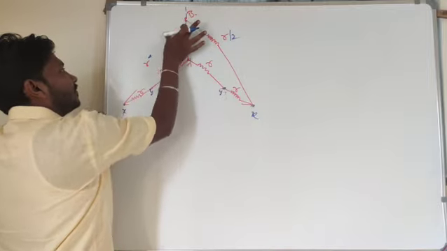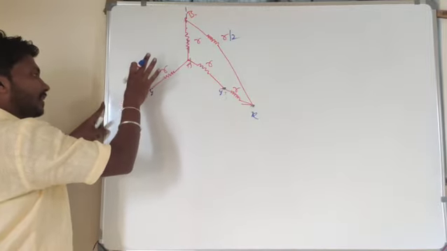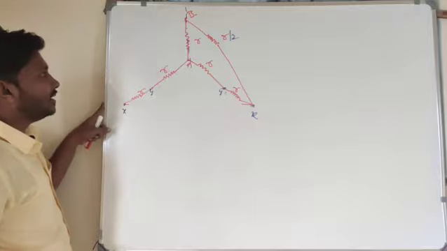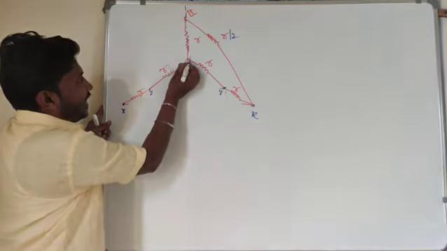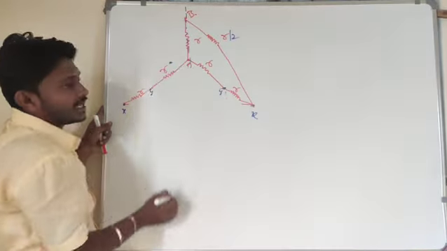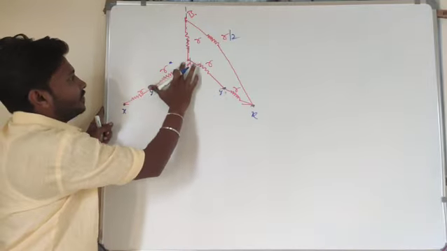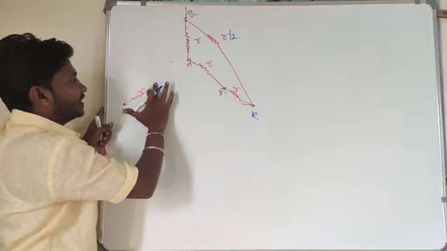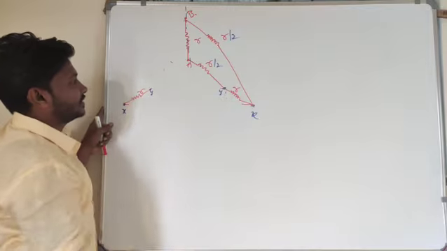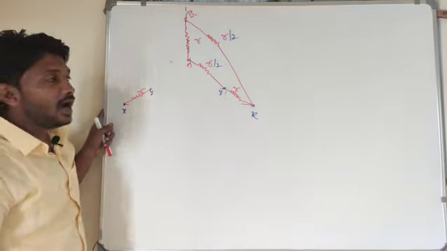So instead of 2 resistances, I will take a single resistance now. Similarly, between Y and A, R is there, and instead of 2 resistances I will take a single resistance, that is R by 2.